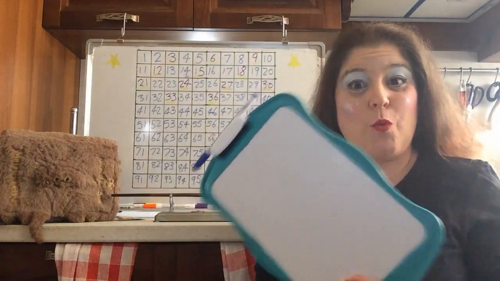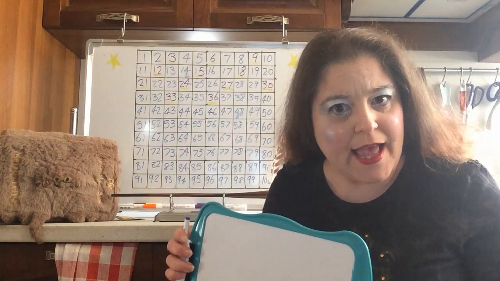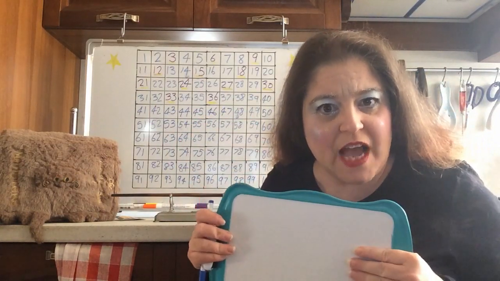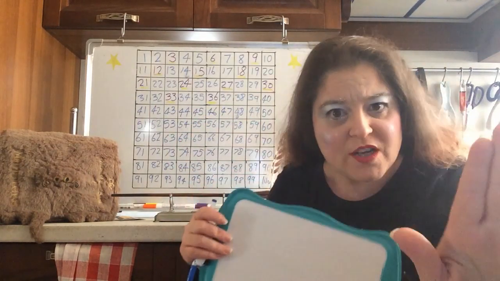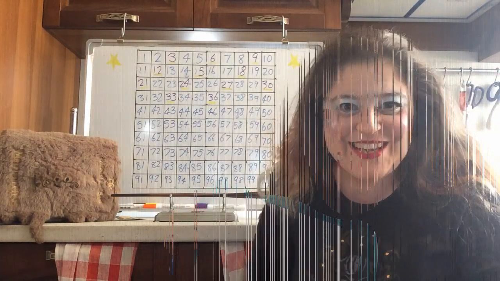Now, for this next bit, you will need your whiteboard and your whiteboard marker. So, again, if you don't have them in front of you yet, pause the video, go and get them, and then press play again when you're ready, okay? Do you have it? Fabulous. Now, I am going to ask you a question.